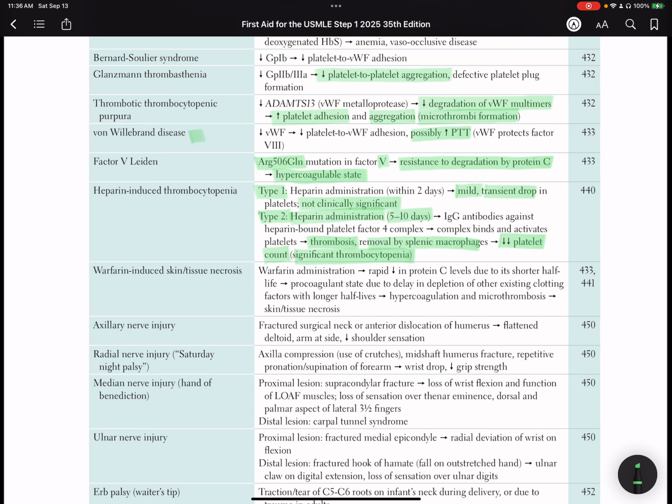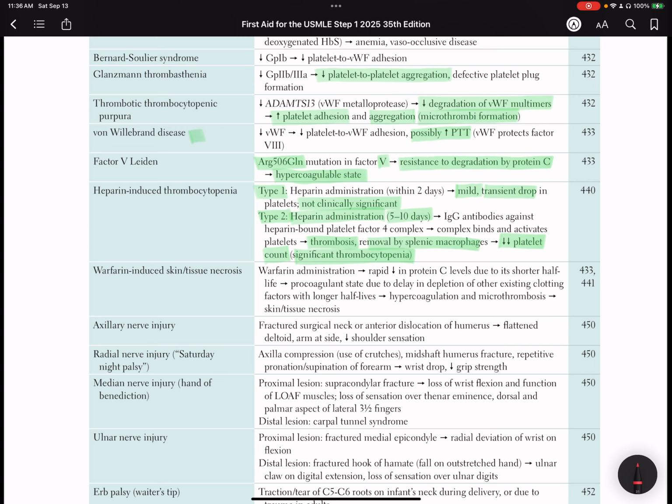The platelet drop is huge after day 5 to 10, and the reason is IgG antibodies against the heparin-bound platelet factor 4 complex.